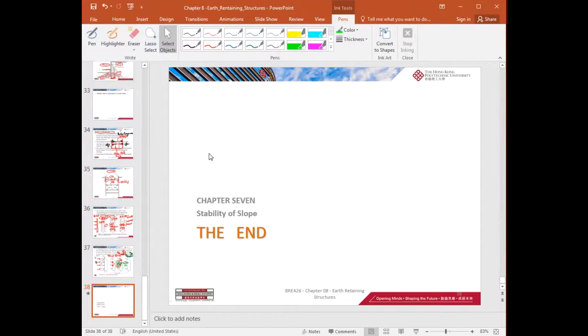Now, before we go into the detailed calculation, could you raise any questions about this Chapter 8, earth retaining walls or earth retaining structures? Any questions for this chapter apart from the calculation?